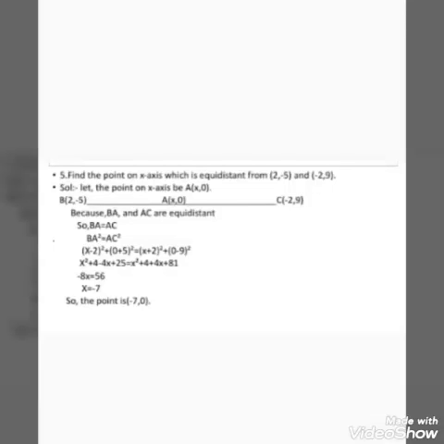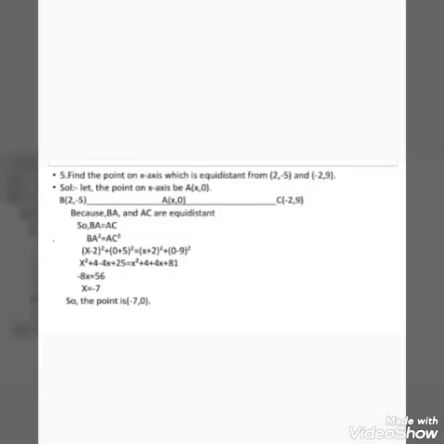BA square equals (x minus 2) whole square plus (0 minus (-5)), so plus 5, whole square, equal to AC square. AC square equals (x plus 2) whole square plus (0 minus 9) whole square.